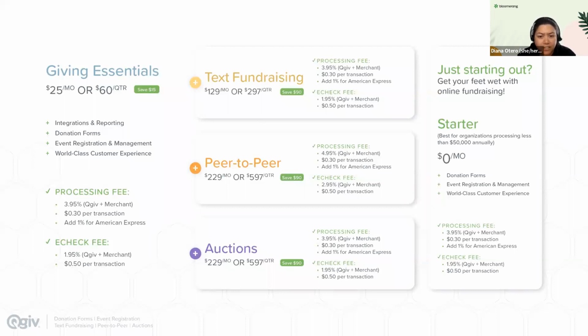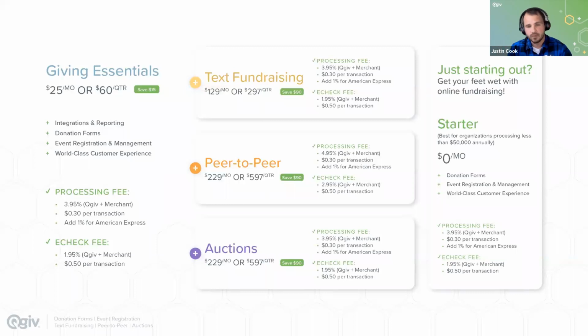We have a clarification here as well. Do you need to buy both the Giving Essentials and the text fundraising platform? Is this the only way to get the Bloomerang integration with the Giving Essentials one? Correct. For the integration that we showed, you would need the Giving Essentials package. As we mentioned earlier, we do have our starter package. It is $0 a month, and that includes our donation forms and our event registration forms.